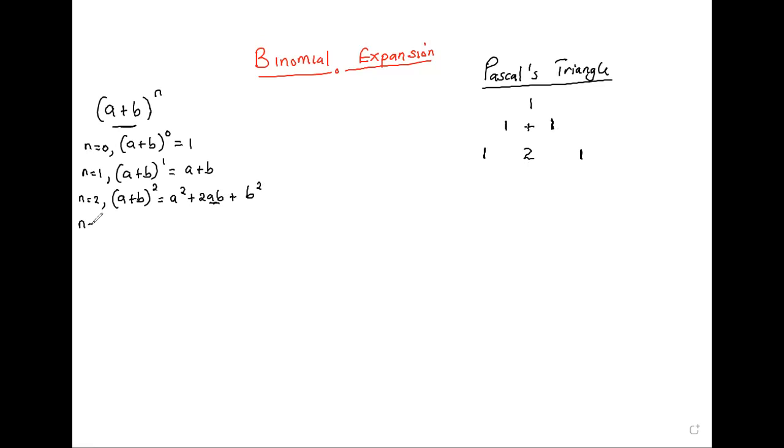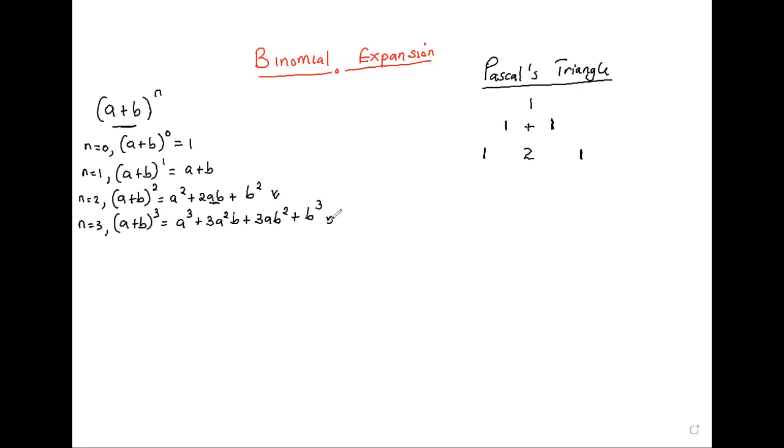What about when n is equal to 3? We'll have a plus b to the power 3, which will come out as a to the power 3 plus 3a squared b plus 3ab squared plus b to the power 3. If you do the expansion by hand, you do a plus b times a plus b, you get this one, and then times a plus b, you have a plus b to the power 3.